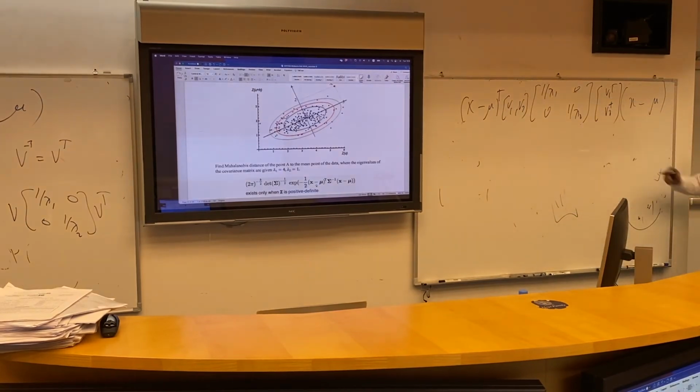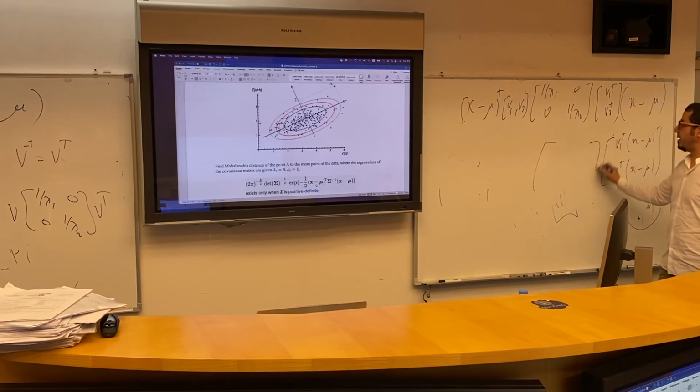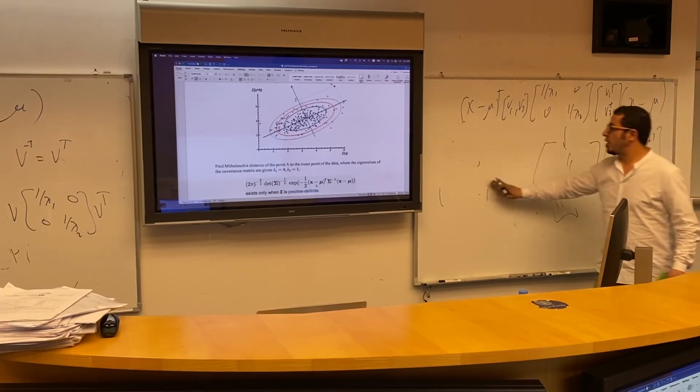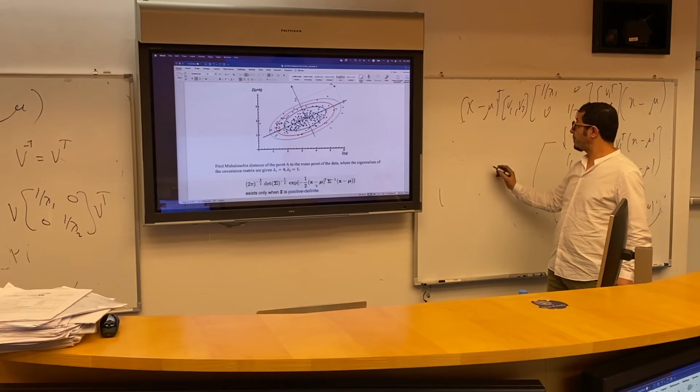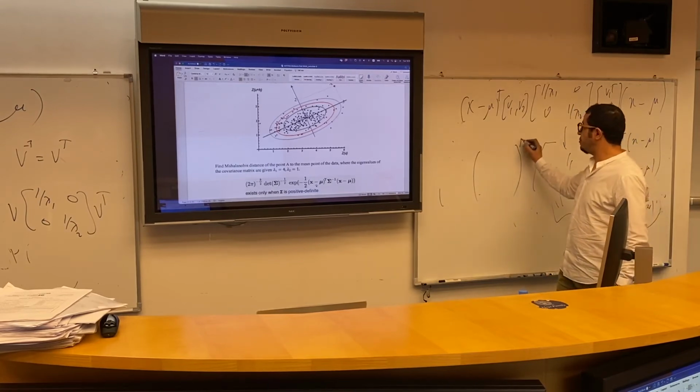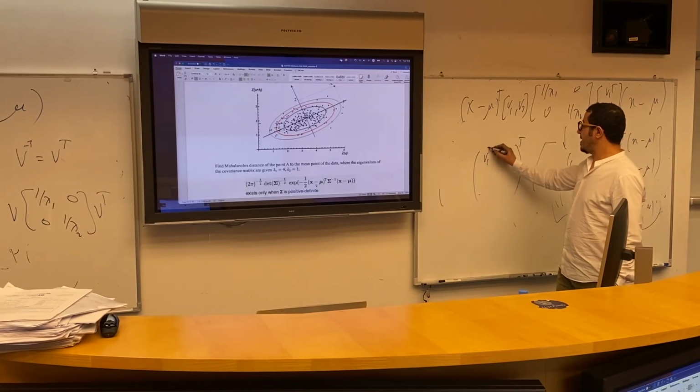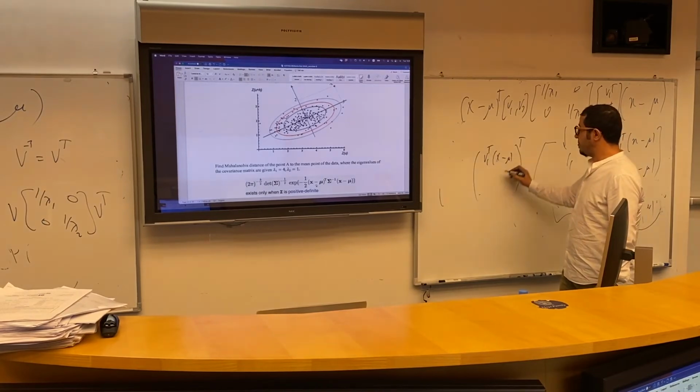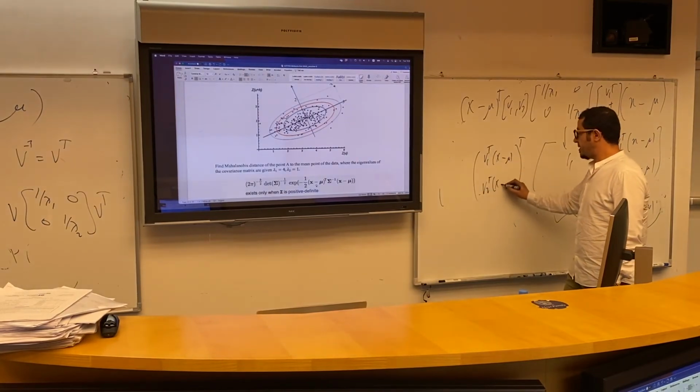Let's calculate this: V1 transpose times x minus mu, V2 transpose times x minus mu. The same matrix here, just with the transpose.